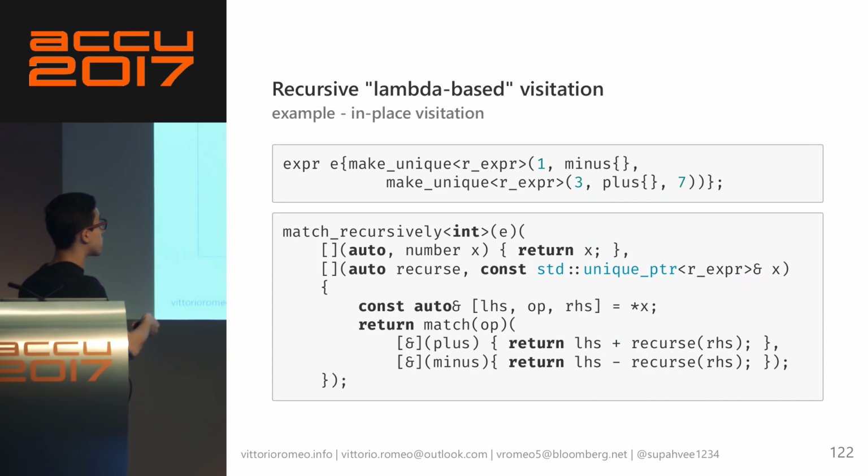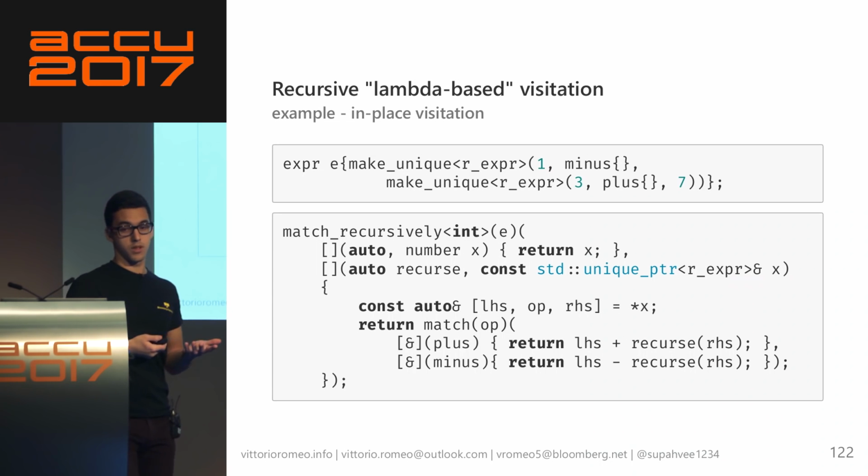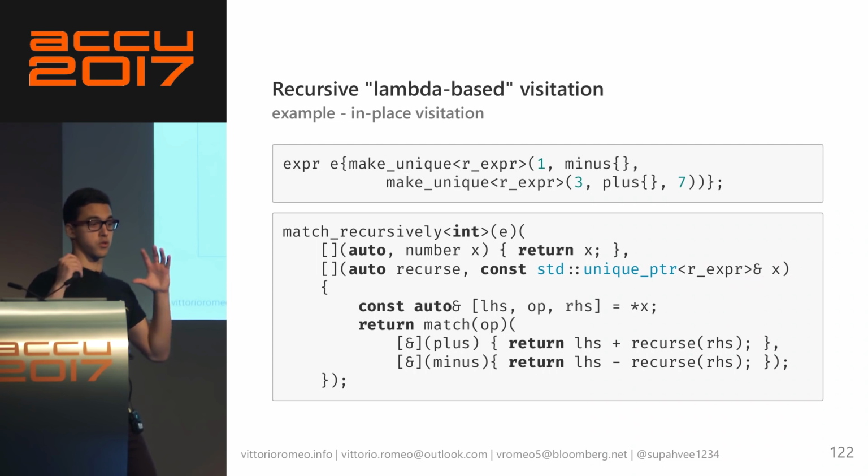So in the case of the recursive expression handling, when we do the match inside here, we can just invoke recurse with a recursive part, and this will deal with the horrible task of going through the generated overload set again recursively. So what I did is create this function wrapper that allows you to recurse and pass it to the visitation itself.